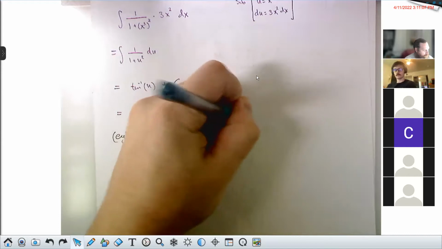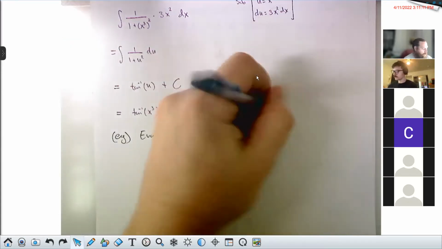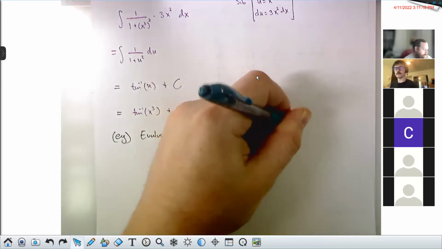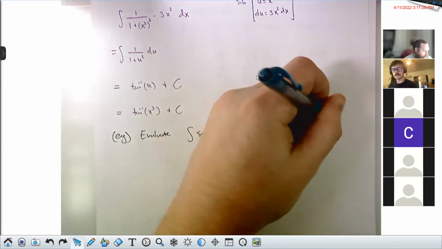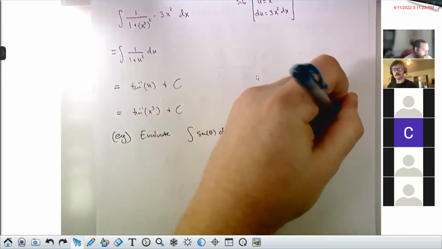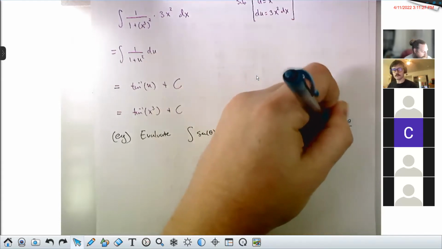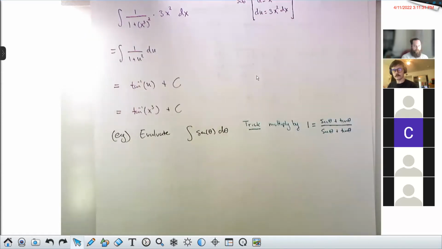Nobody would think to do this, myself and other professional mathematicians included. You're going to multiply by 1 in the form secant theta plus tangent theta over secant theta plus tangent theta. It's bizarre, but it works. It works in a very clever fashion.